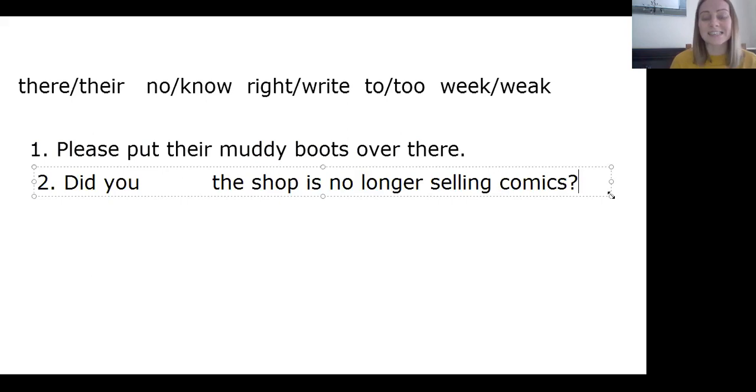So the sentence is, did you something, the shop is no longer selling comics. Not only have you got to pick the right word, you've got to pick the right spelling of the word. Now there is a clue within the sentence that will show you which homophone you need to include in that gap. And it's going to be one of these up here.